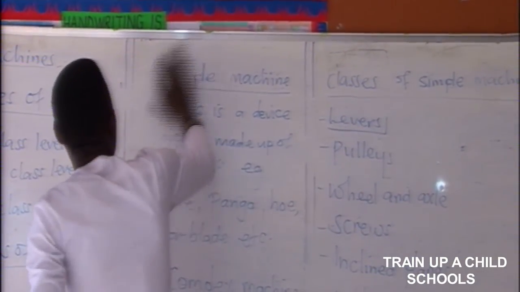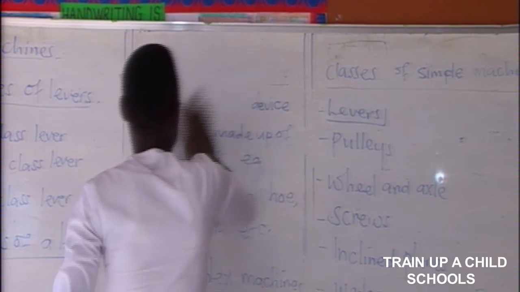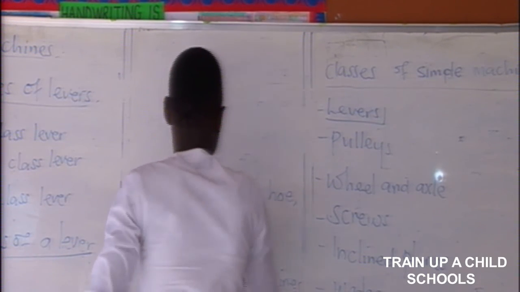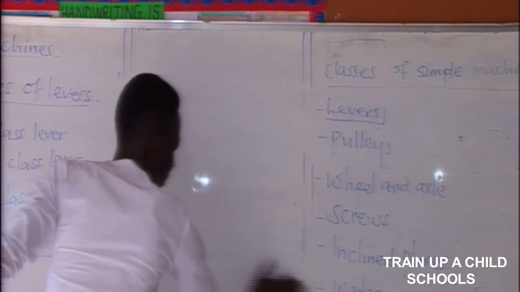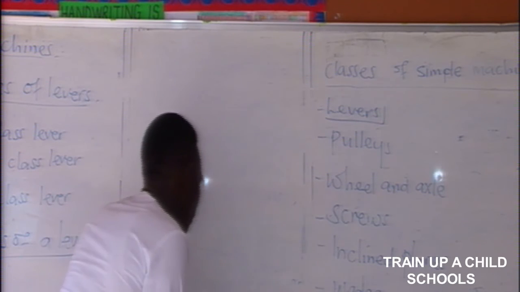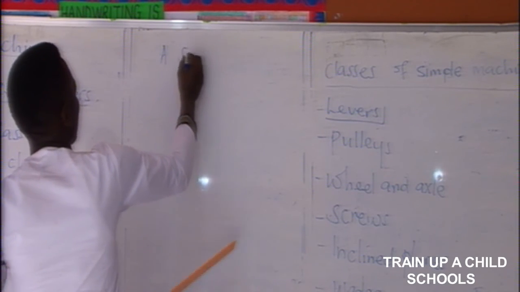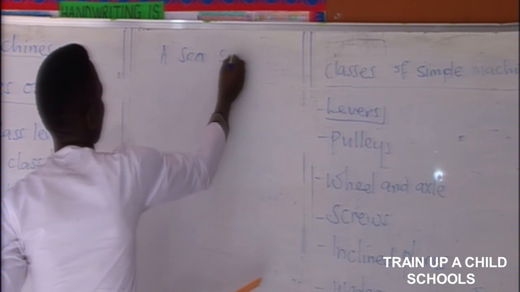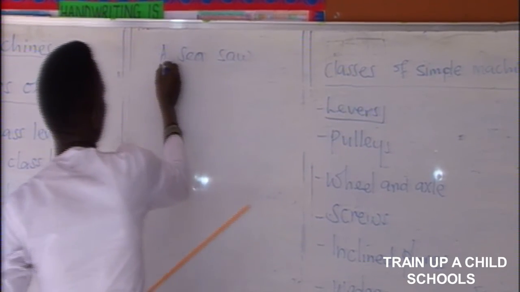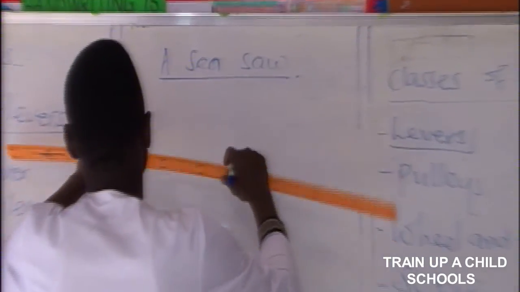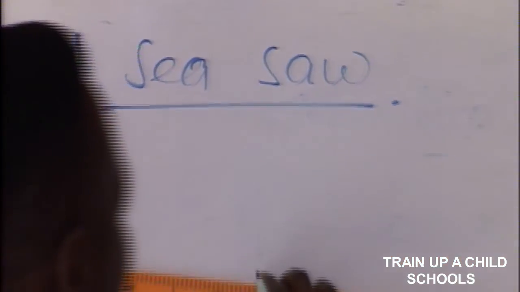Assuming I have here an example of a simple machine, which is a seesaw. I have my seesaw here on the whiteboard.